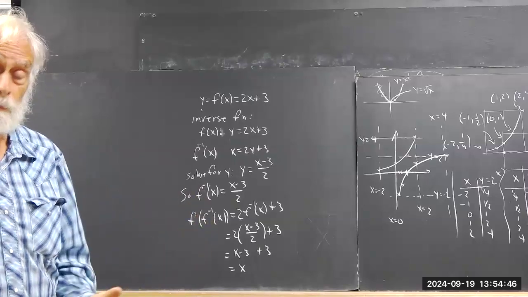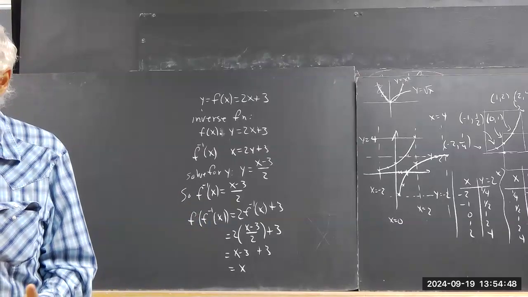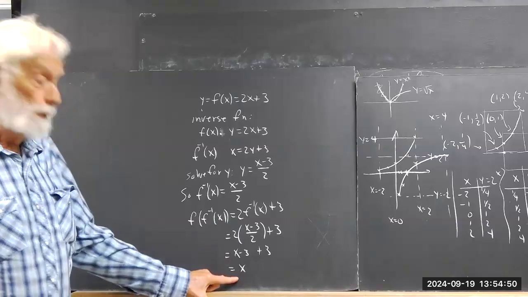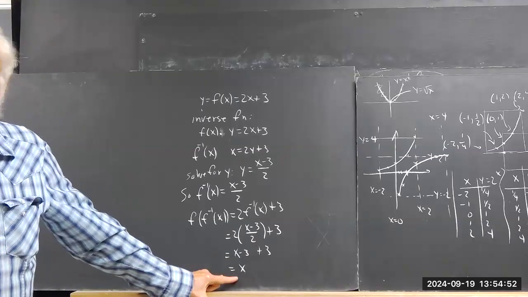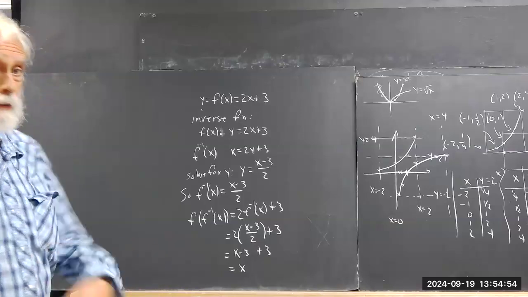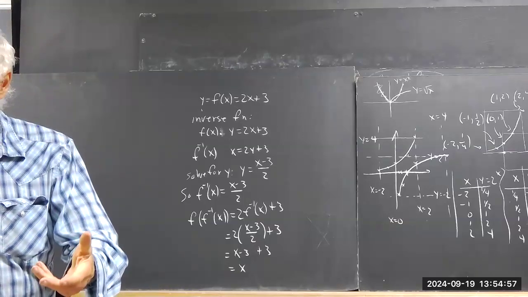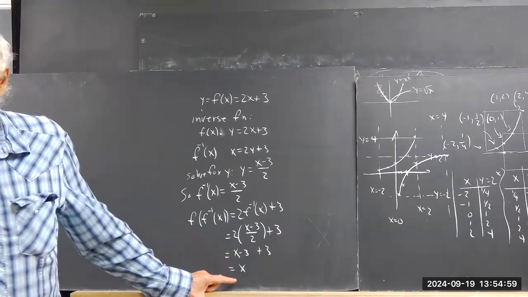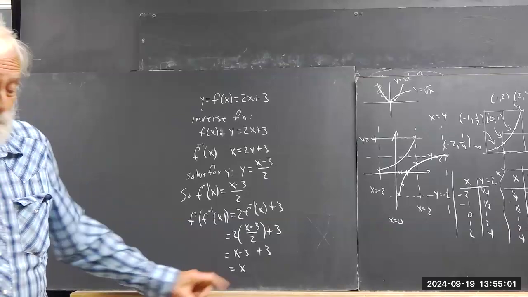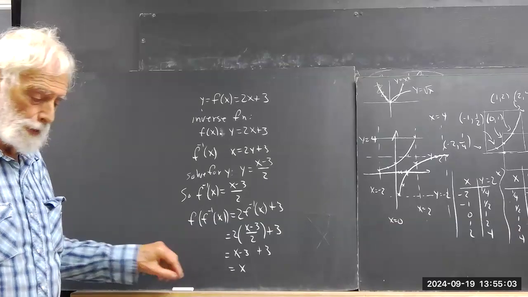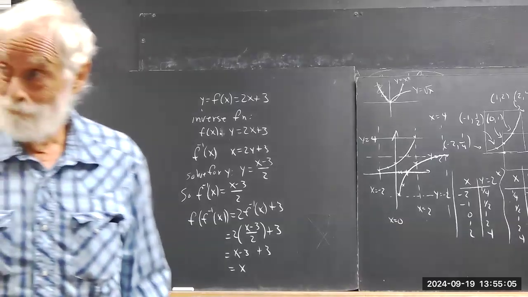If you do that, you're going to just end up with x. Furthermore, if you do f inverse of f of x, you're going to end up with x. Okay? So we'll talk more about what that means after we work through the assignment. Fair enough?